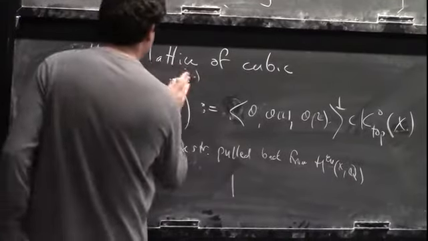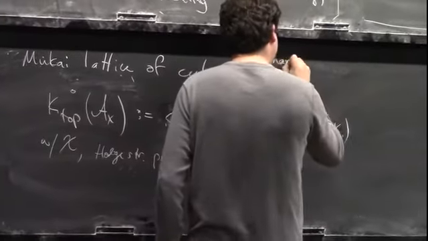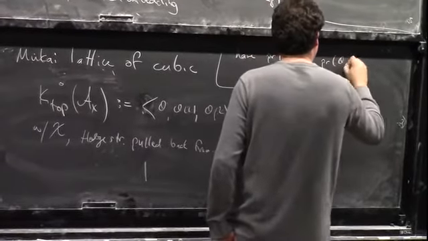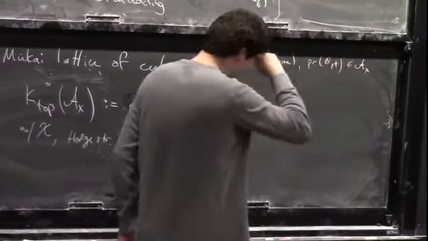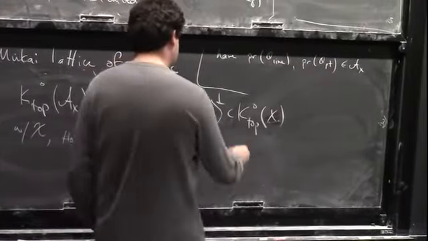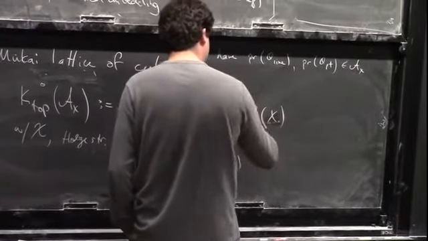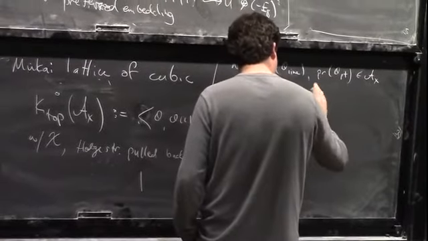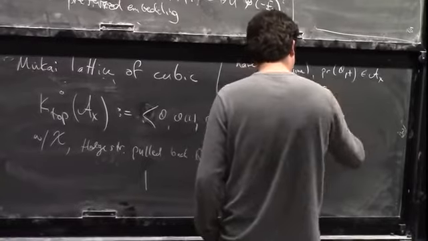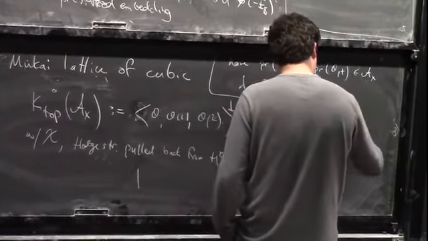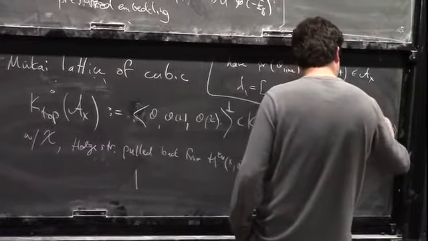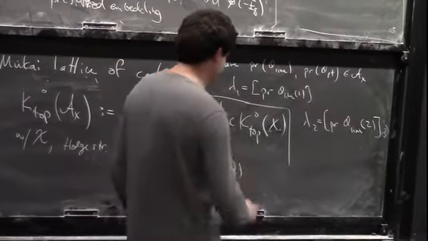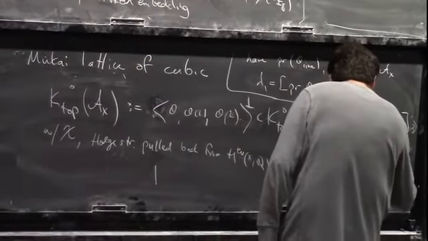So you have the projection of O of a line and the projection of O of a point in A_X. Actually, it's more convenient to take lambda 1 to be the class of the projection of O line 1, and lambda 2 to be the class of the projection of O line 2, but you see these span the same subspace, right? And these are in K top.